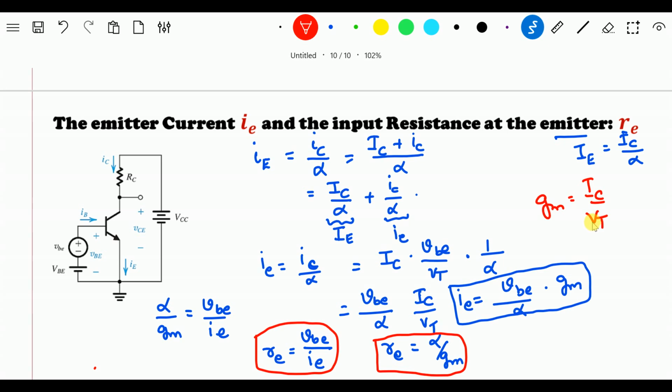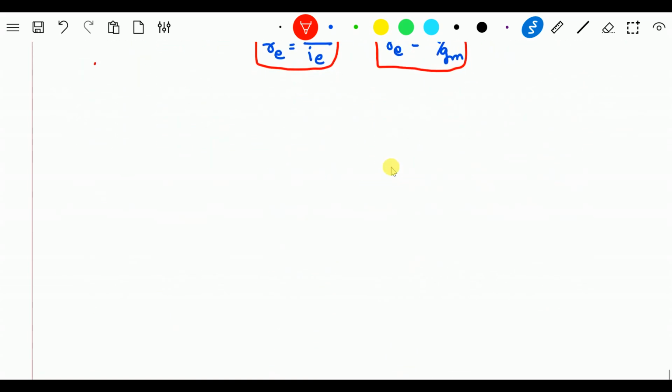Initially we did that, then we derived the equation for base current, then the equation for emitter current, the equation for input resistance at the base, which is R pi, and the input resistance at the emitter, which is RE. Now we'll try to find out the relationship between RE and R pi.